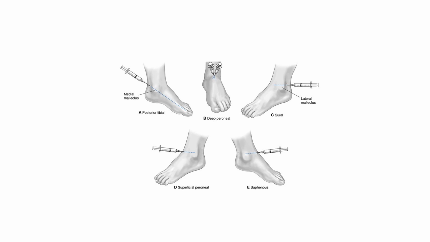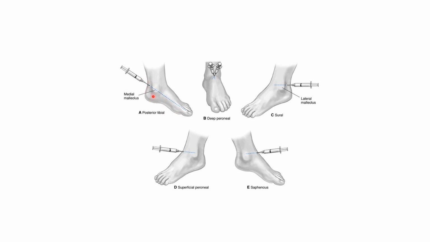Once again, I'm repeating the anatomy and the direction of the needle. The posterior tibial and the deep peroneal are the deep nerves. We are blocking the deep nerves first. Posterior tibial: posterior to the medial malleolus, behind the posterior tibial artery, direction perpendicular to the line joining the medial malleolus and the big toe.